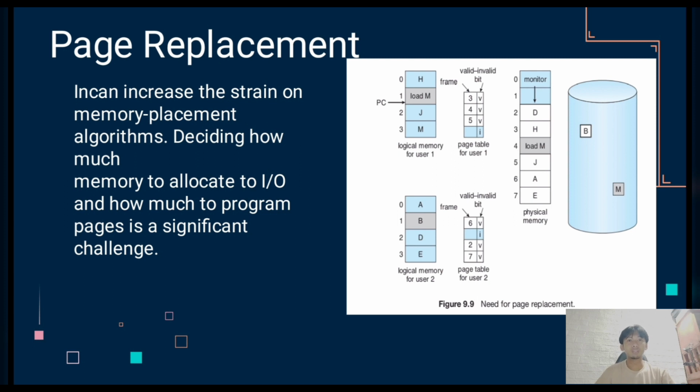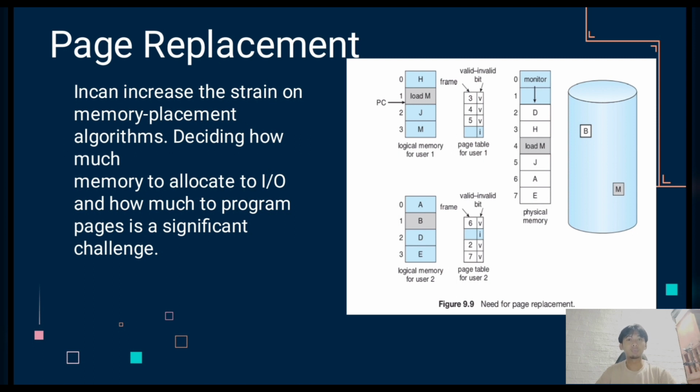Some systems allocate a fixed percentage of memory for I/O buffers, whereas others allow both user processes and the I/O subsystem to compete for all the system memory.